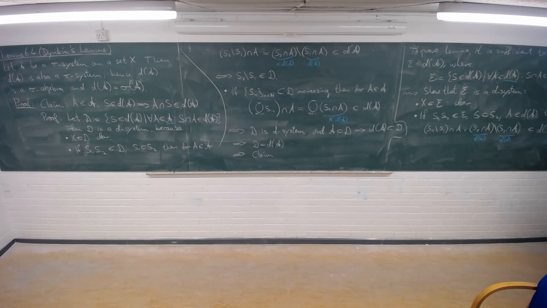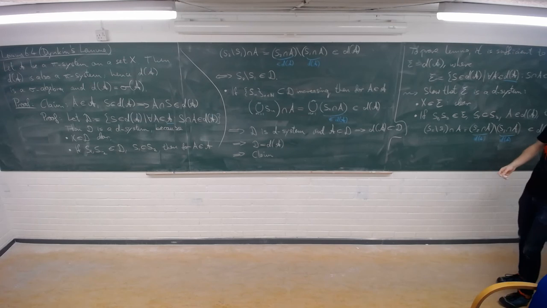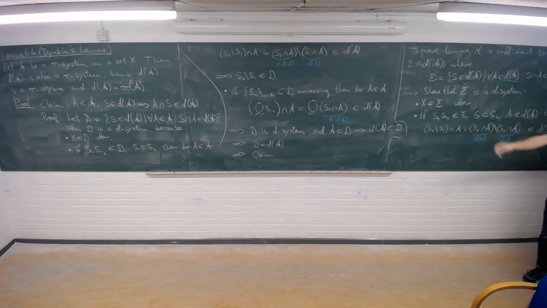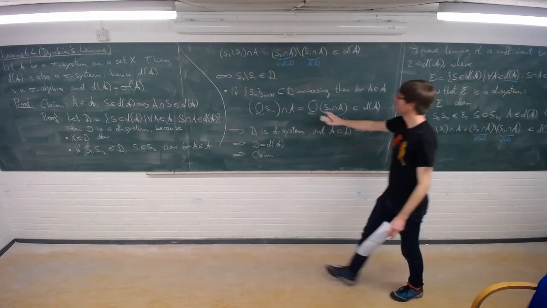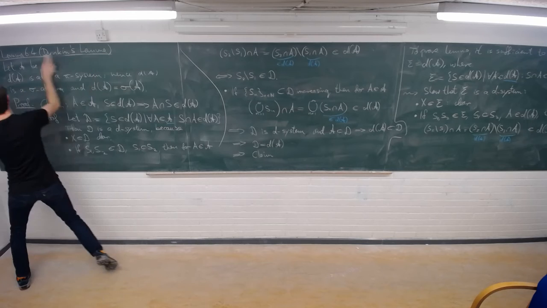So this is in D of A, which means that S2 minus S1 is in E by definition of E. So it's very similar to this first step.